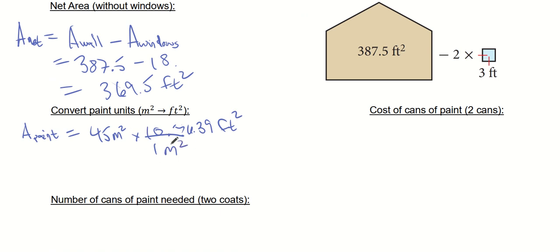The meter squared is on the bottom so that it cancels out, and you end up with 484.38 feet squared. So every can of paint can cover this much area.